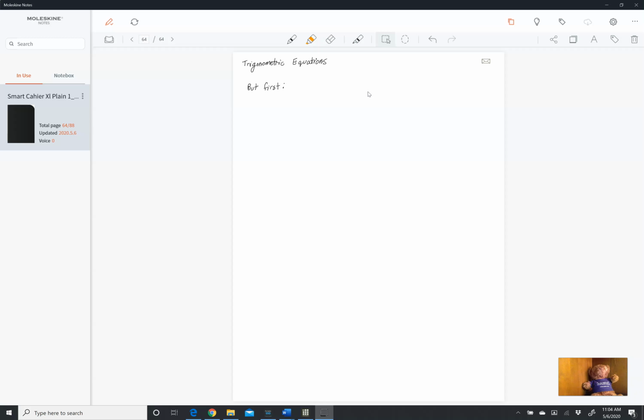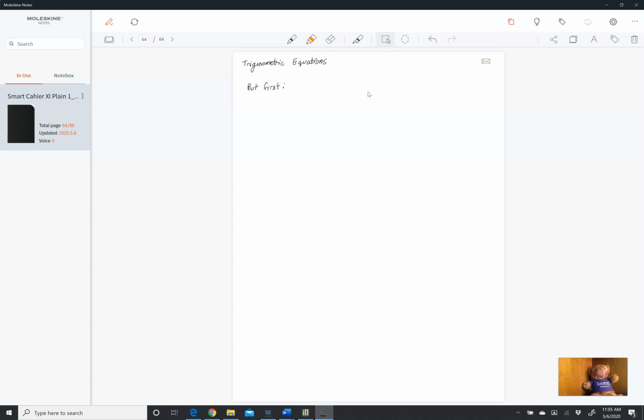So the first thing is we talked about right triangle trigonometry, and I touched upon this idea that you could figure out these missing sides and these missing angles for triangles that aren't right triangles.